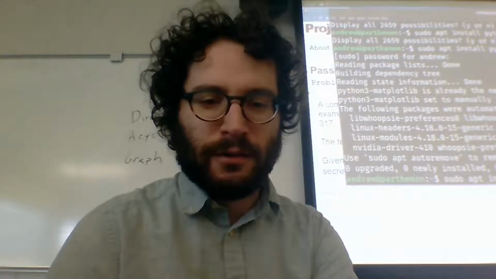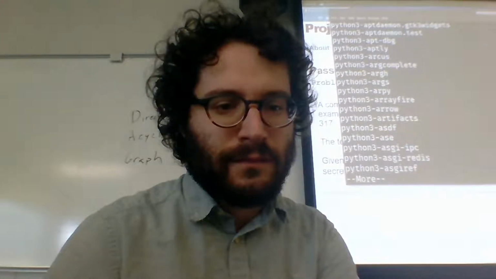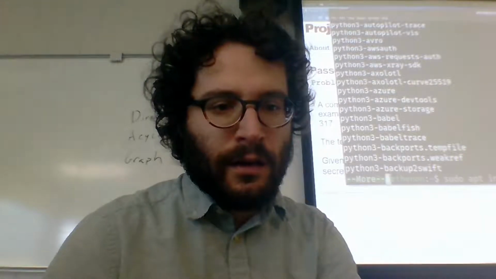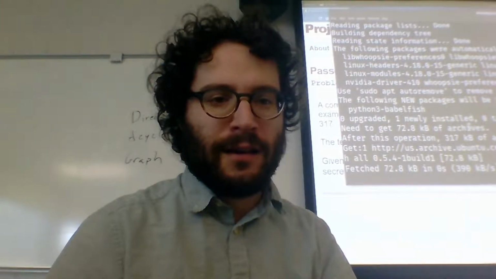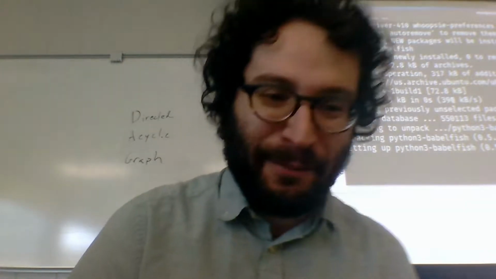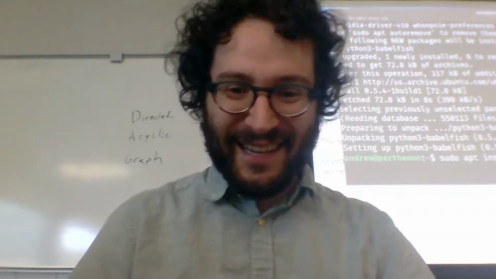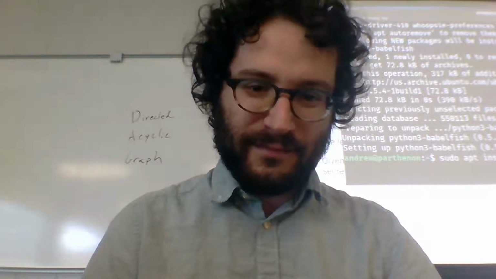What can I use? Show me these. Let's go with Python 3 Babelfish, because why not? Okay, it's going to tell me, hey, you only need Babelfish to install. Great. Not really helping me out here, Python. I need something with a lot of dependencies. What, pandas?